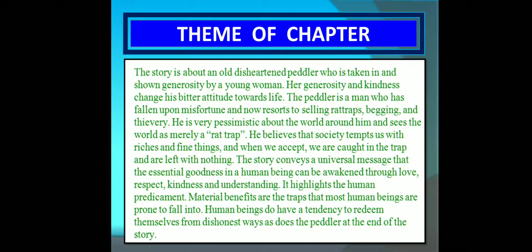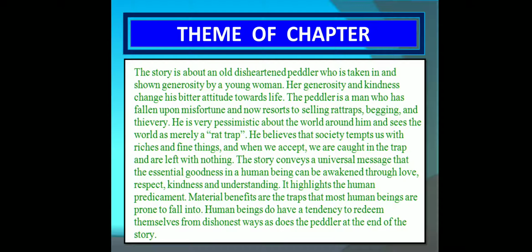Remember, he used to sell rattraps, beg, and thieve. He is very pessimistic about the world around him and sees the world as merely a rattrap. He believes that society tempts us with riches and fine things, and when we accept, we are caught in the trap and are left with nothing.